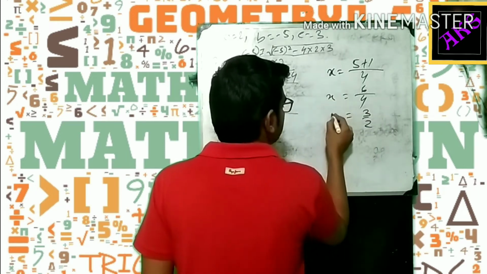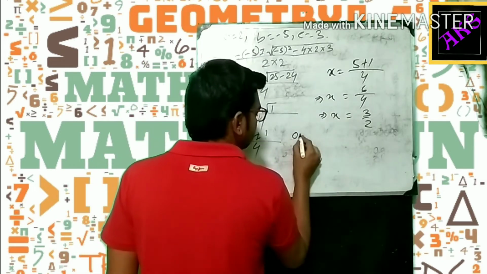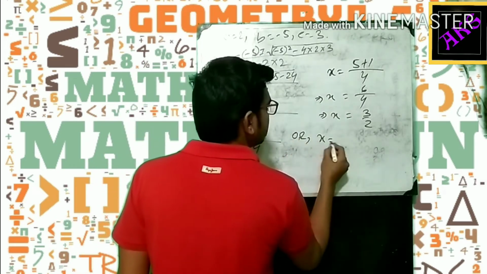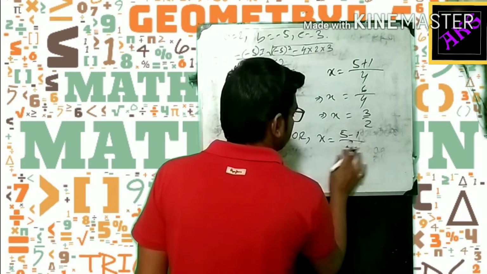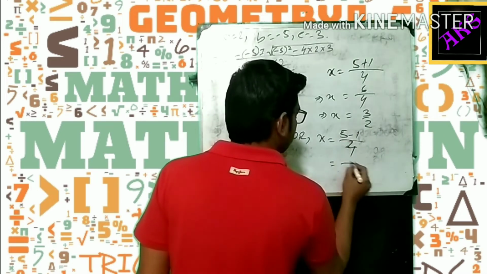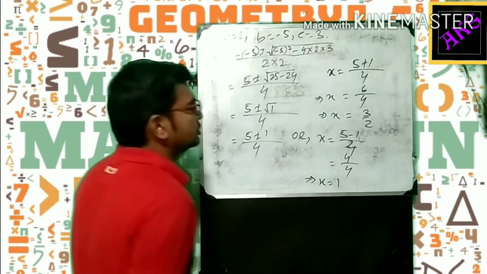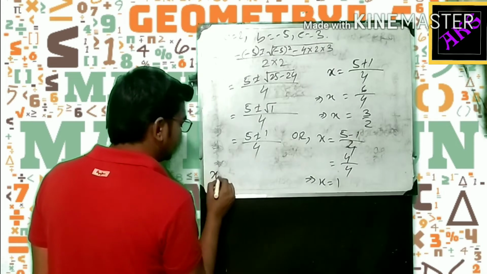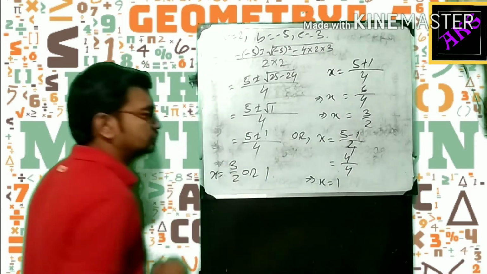So here we get x equal to 3 by 2. Or we will have x equal to 5 minus 1 by 4. So that gives us 4 by 4, that means x equal to 1. So our solution is either x equal to 3 by 2 or 1.